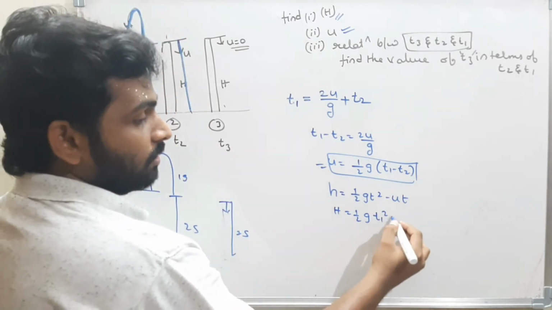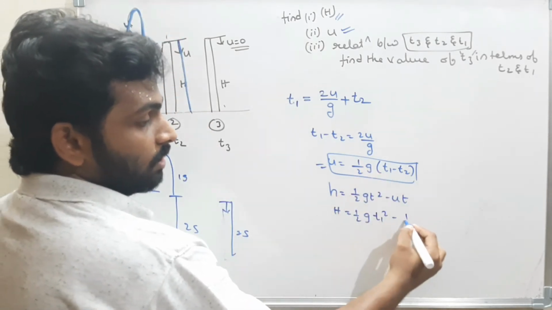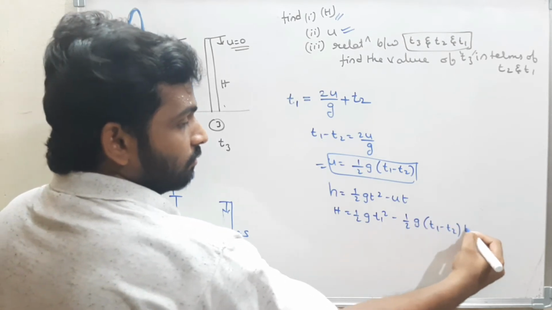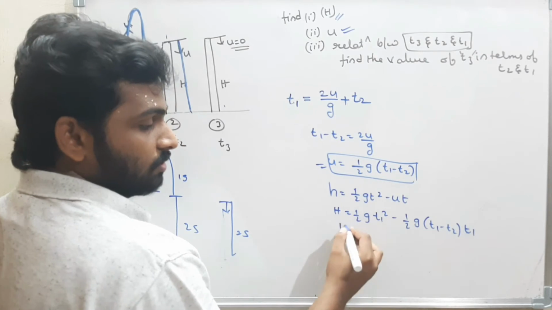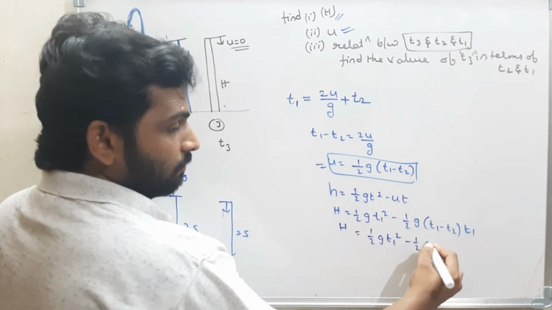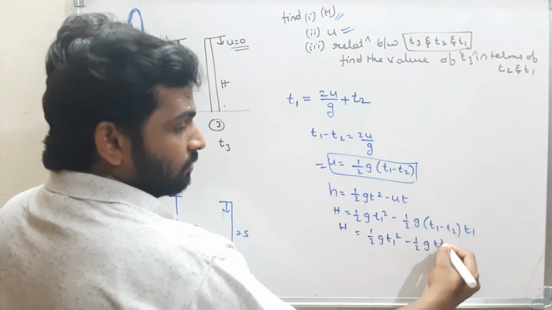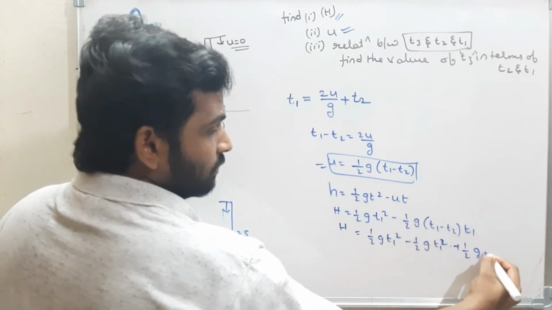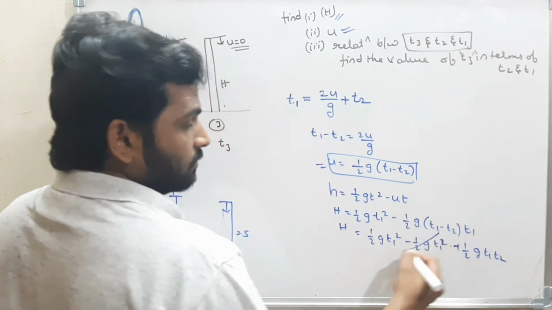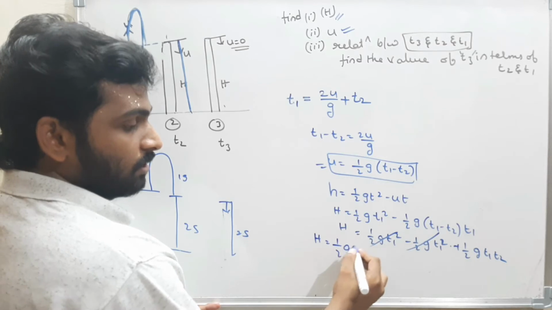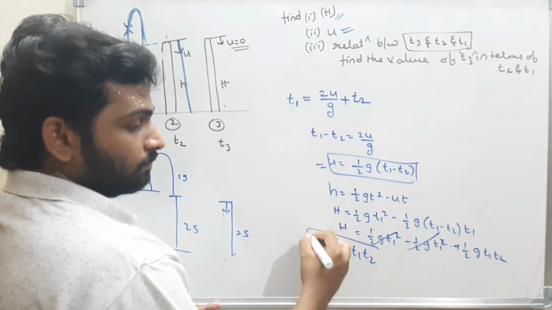Therefore, t1 square minus ut, where u I got as half into g into (t1 minus t2), into t1. Now find the value. h is equal to half g t1 square minus half g t1 into (t1 minus t2), which is half g t1 square minus half g t1 square plus half g t1 into t2. Cancel off. What is the height? The height I got as half g t1 t2.